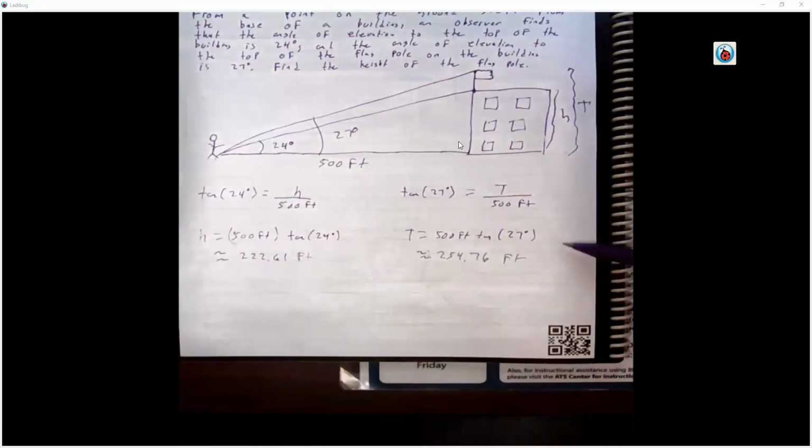And that makes sense. This should be bigger. And 254 feet for a building doesn't sound insane. It depends what kind of building. Doesn't sound too small or ridiculously large.